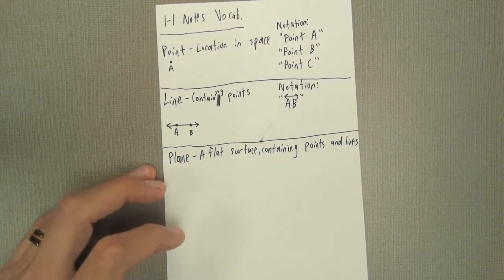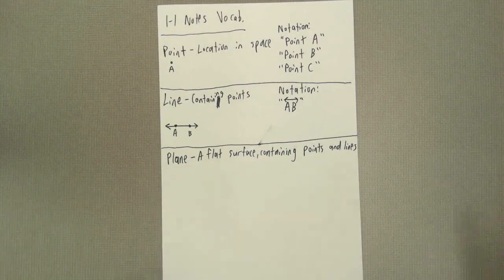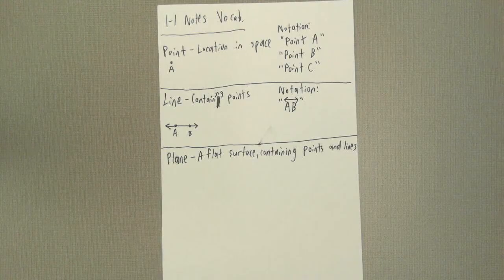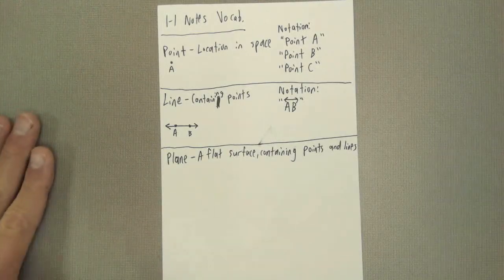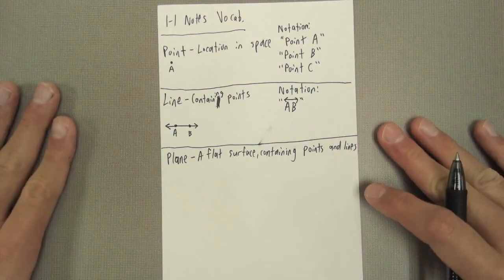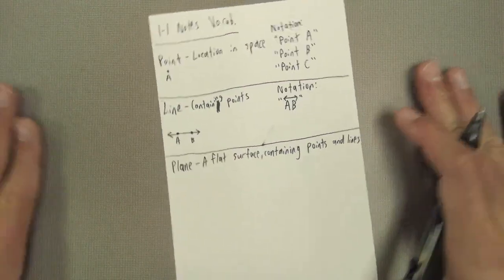A plane is literally any flat surface that continues on forever. Think about a desk. That is a part of a plane. It's a flat surface. Theoretically, a plane continues on in every direction.